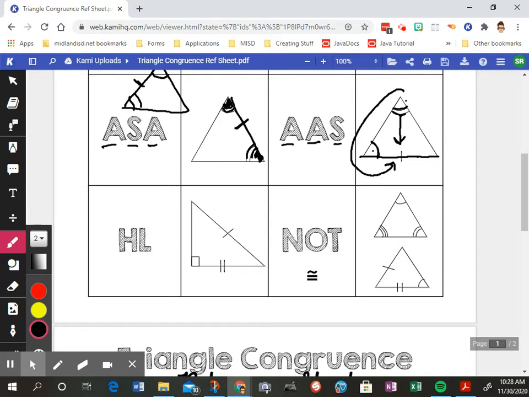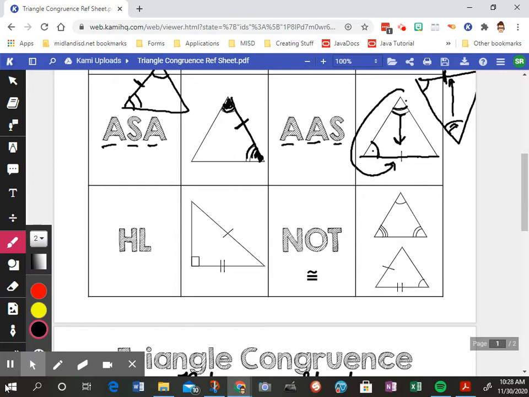Even though they marked it backwards, it's still angle, angle, side. So if we want to look at a triangle, angle 1, here's the side, angle 2, the side opposite is across from angle 2. Are they congruent? Well, yes, because across from angle 2 is the congruent side. Okay?